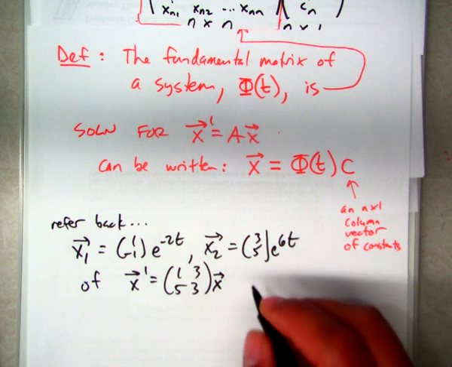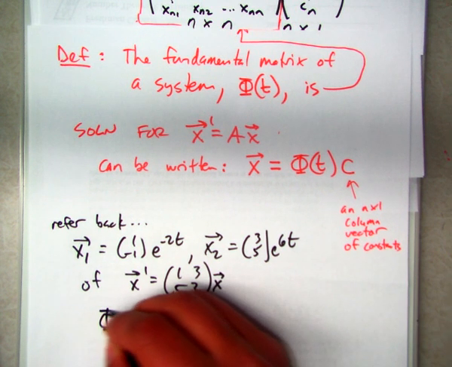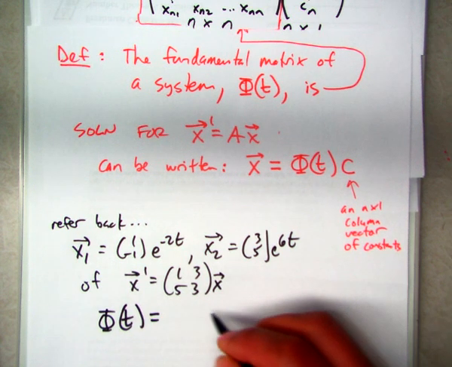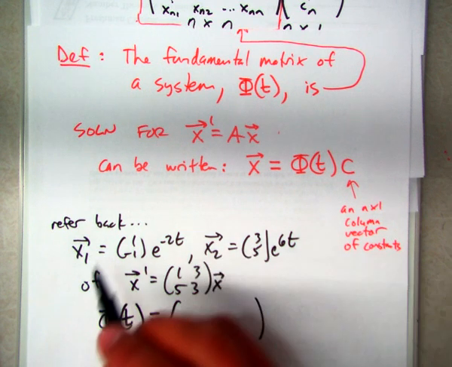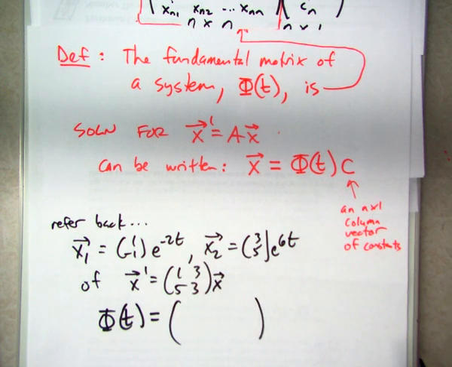We would say that phi of t would be what matrix? What would our fundamental matrix be from this scenario here? It's going to be 2 by 2, right?